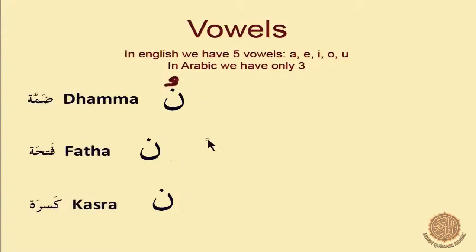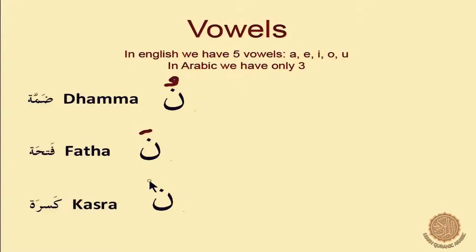It's like a small vowel, and it has the sound of U. So the way you pronounce this is Nu. Secondly, we have the Fatha. It's written as a line on top of the letter, and it has the sound of A. That would be Na.